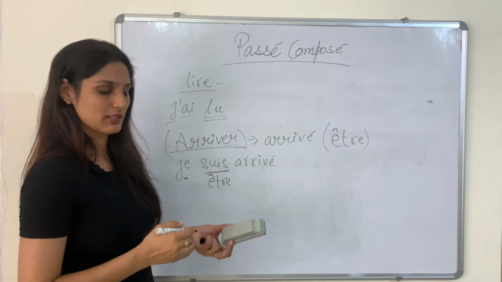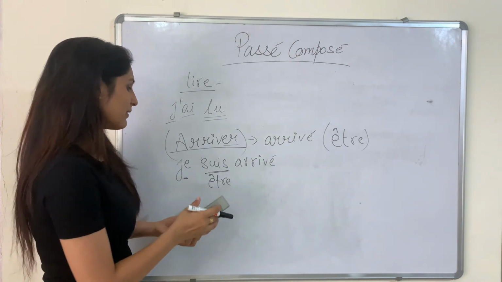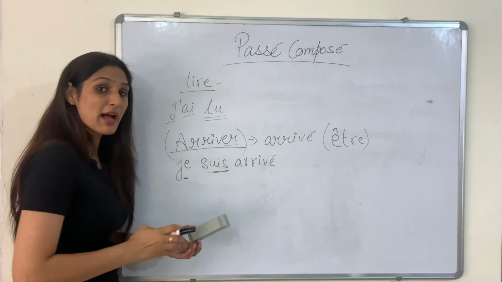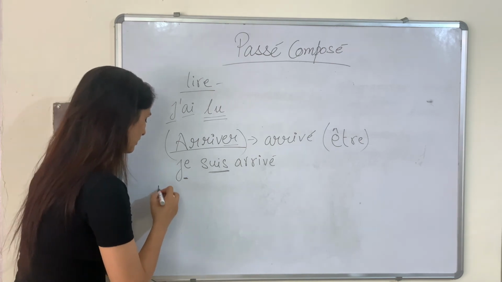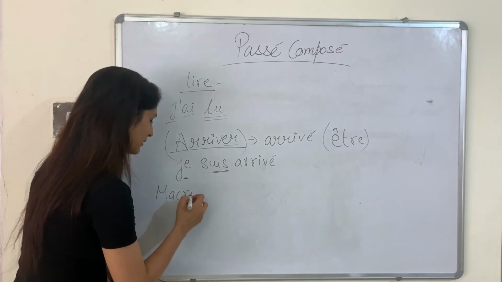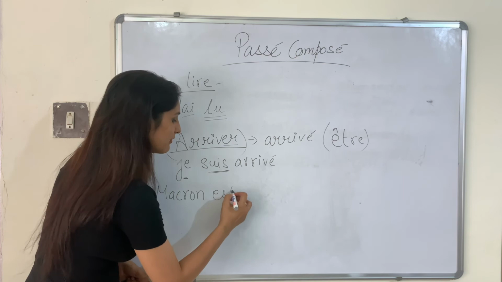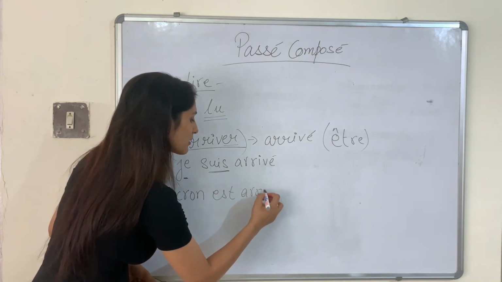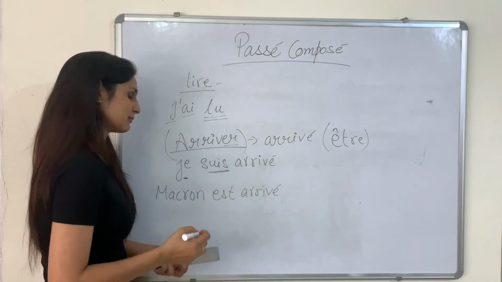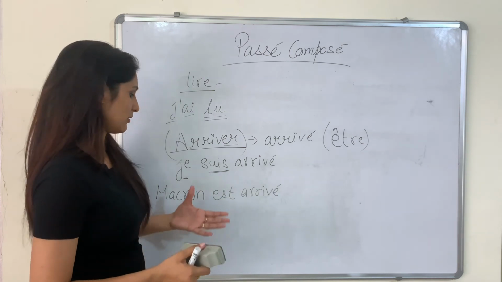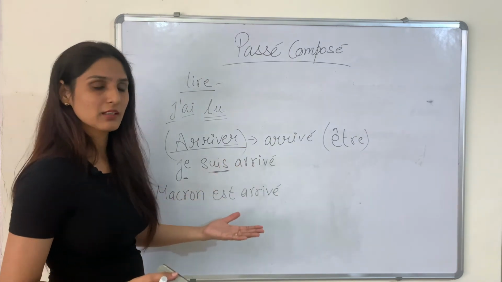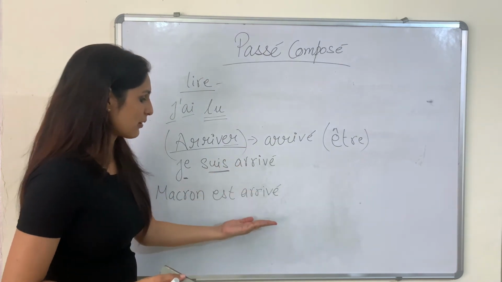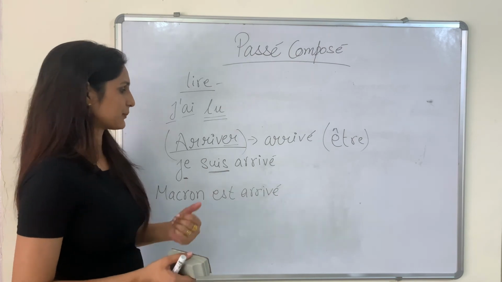That is how it is. Je suis arrivé, il est arrivé, Macron. Macron is the name of a person. Macron est arrivé. Macron has arrived. Macron has come. Macron came. Whatever you feel like making the sense out of this sentence.